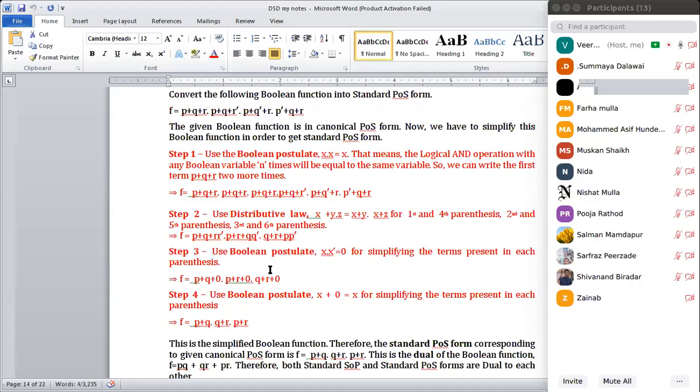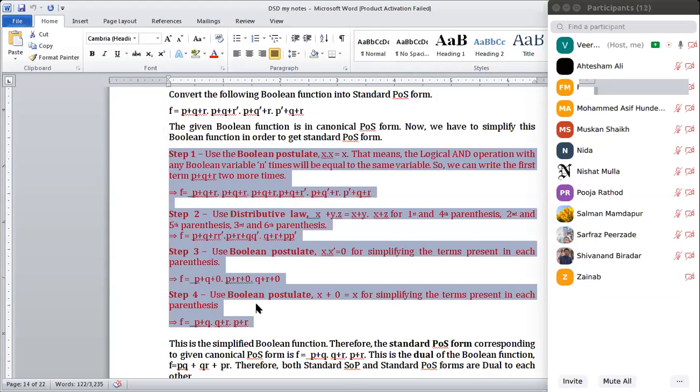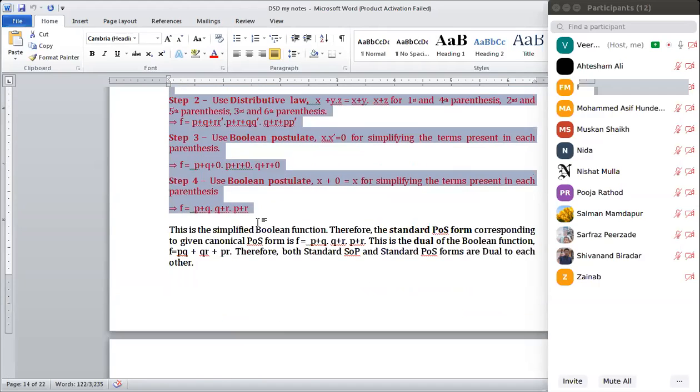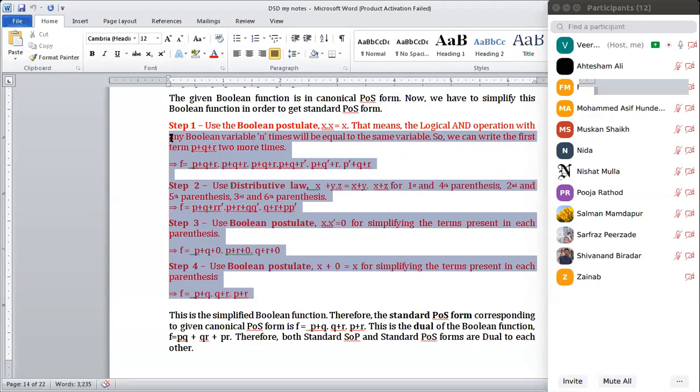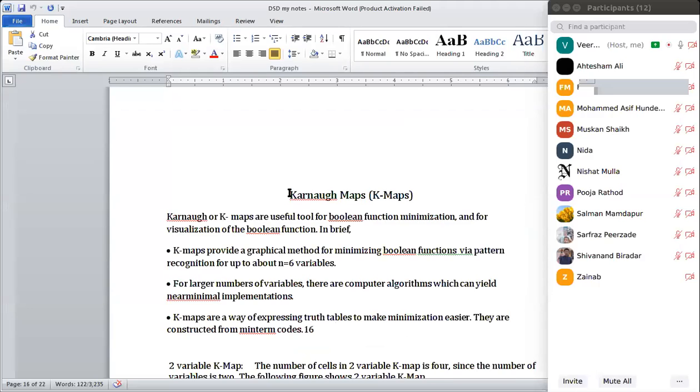Here I'll show you the steps, step 1 2 3 4, to simplify a sum of product SOP into standard SOP, and also from general POS equation into a standard POS equation. Now instead of going for these steps, we will utilize a Karnaugh map.